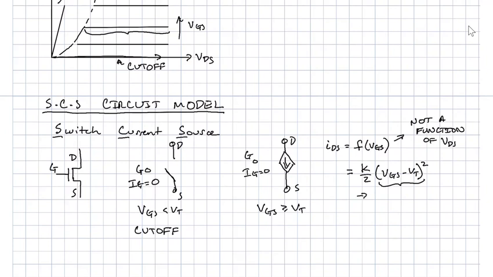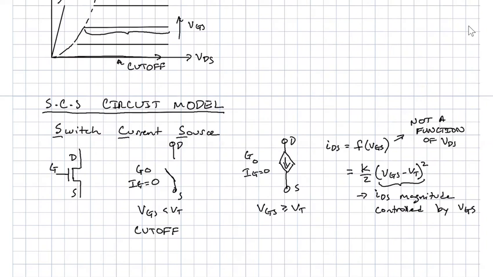So another way to think about it is IDS, let's call it magnitude, controlled by VGS. And that's what makes these useful devices: you have a third terminal that really controls the current in the other two terminals.